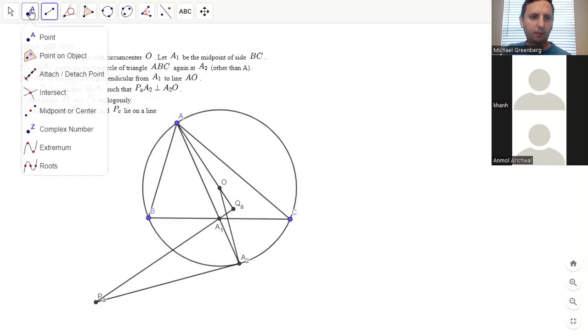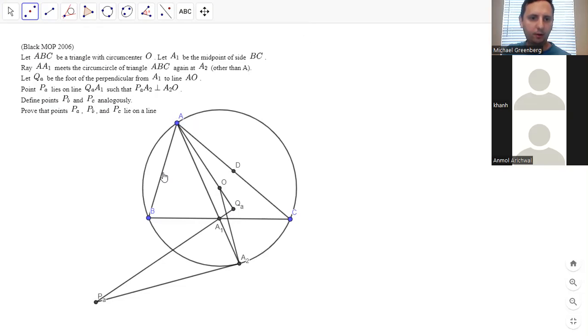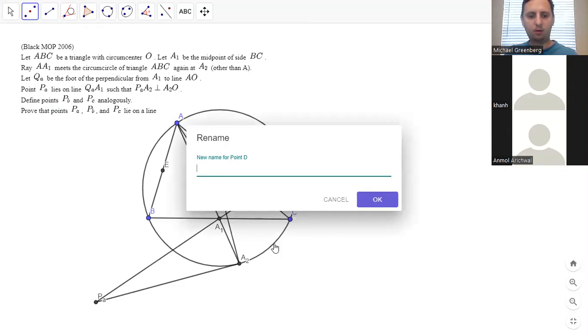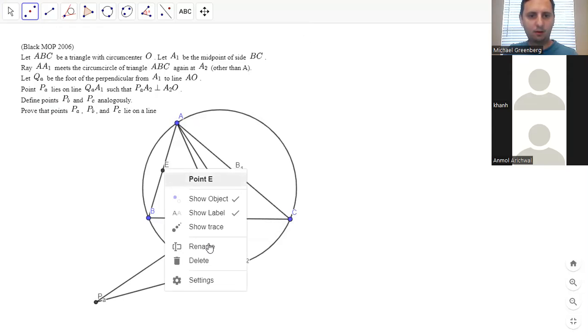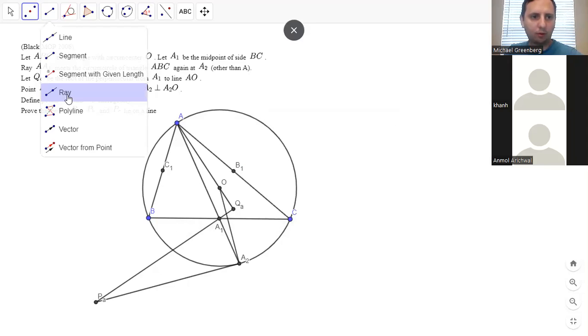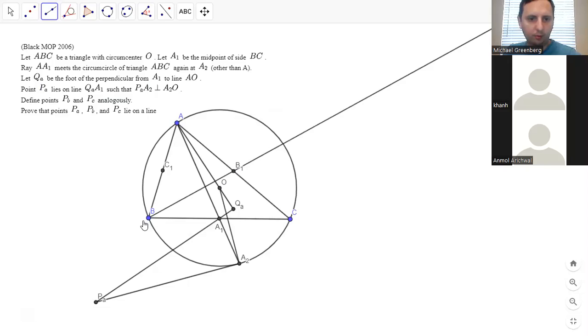So we're going to want midpoints B1 and C1. Some radical axis. Let's draw the rays. So yeah, really we want to draw all these rays.